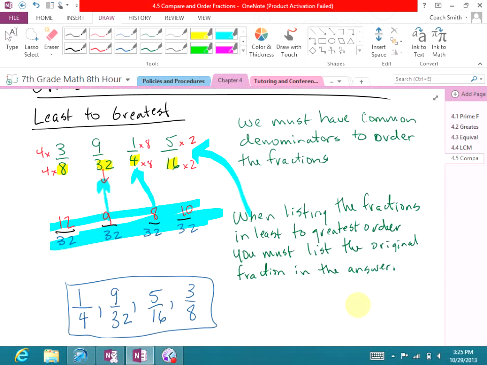As you look at 3/8, 3/8 is close to a half. Is 1/4 close to a half? No, it's not. So you would know 1/4 is smaller than 3/8 because it's not close to a half. Because half of 4 is 2, it's sort of different.